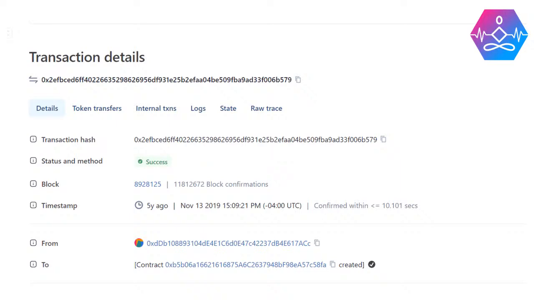So, we've shown you the wallet before. The transaction hash is here, B79, and the wallet involved is ending in ACC, 5 years ago. Now, you can go and look this up yourself.